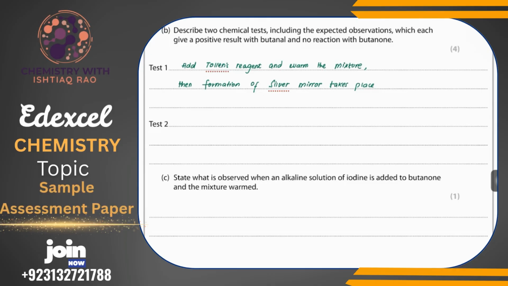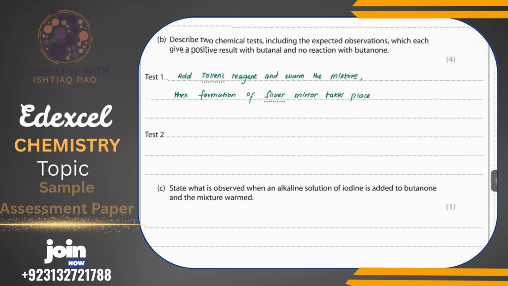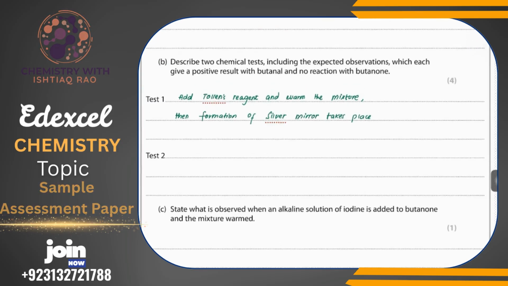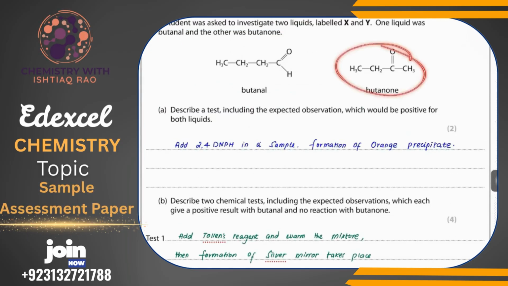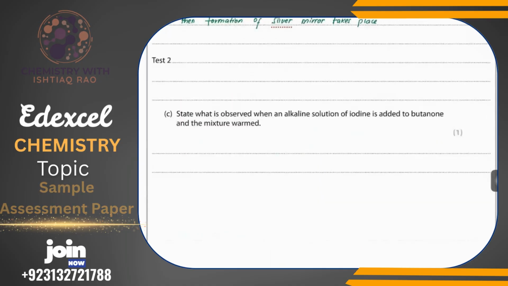Wait, let me think. Why both of them give a positive result? No, it's a ketone. It cannot be oxidized further. Oh yeah, my bad. The aldehyde can give you carboxylic acid, right? So I am supposed to write orange to green.